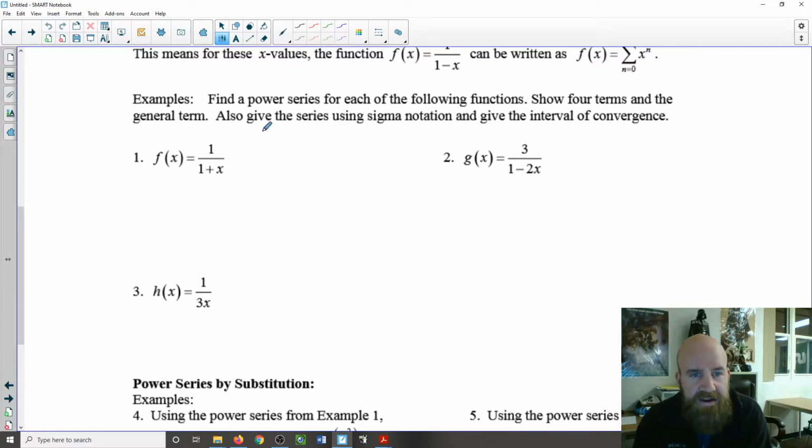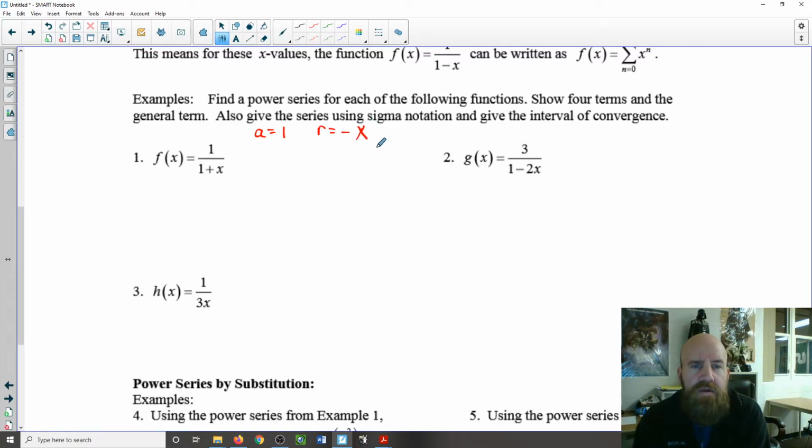So we can identify our a value, and we can identify our r value. The a value is on top, and the r value is what's being subtracted from 1 on the bottom. Well, it's a plus x, so we have an r value of negative x.